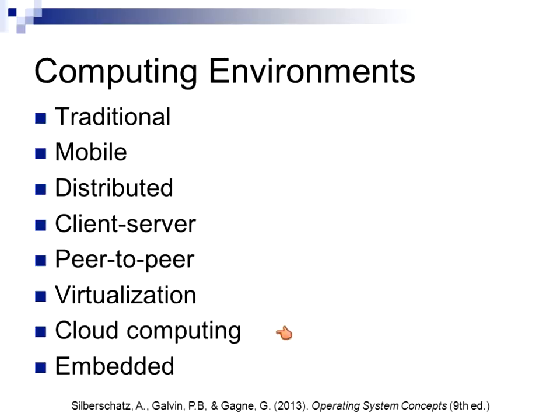In that case, you're doing cloud computing where the resources you're using aren't even anywhere near you. It's somewhere up in the cloud. And then, of course, there are embedded computing environments, which you actually use all the time and probably don't think about. When you use your microwave or your car, those all have computers inside them, and that is an embedded computing environment.